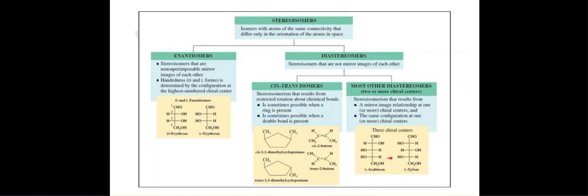This one is not a mirror image of that one. So these are not enantiomers of one another because they're not exact mirror images of each other. But these are still isomers. They're called diastereomers. We'll get into this a little bit more.